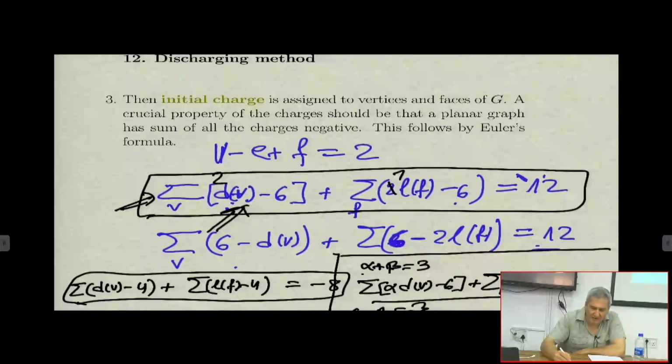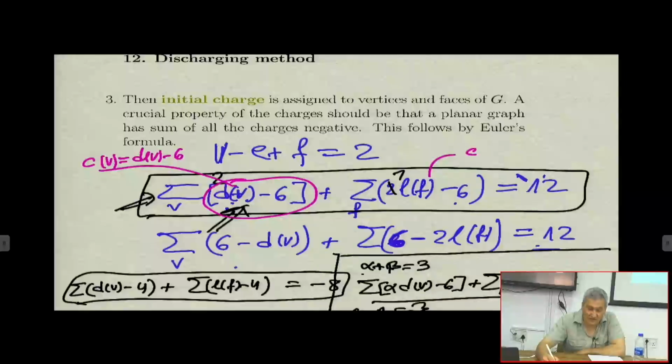So we give every vertex an initial charge: the charge of a vertex v will be d(v) minus 6. And to every face we give an initial charge of twice l(f) minus 6.